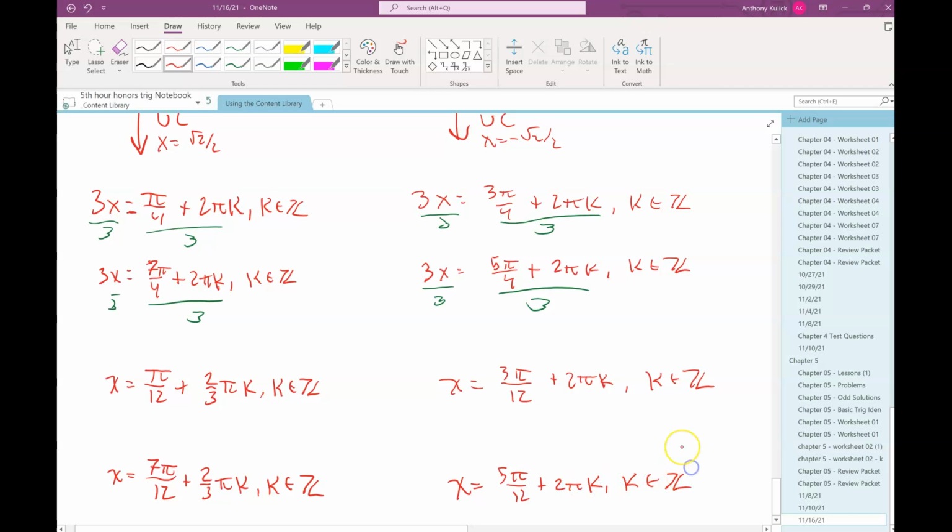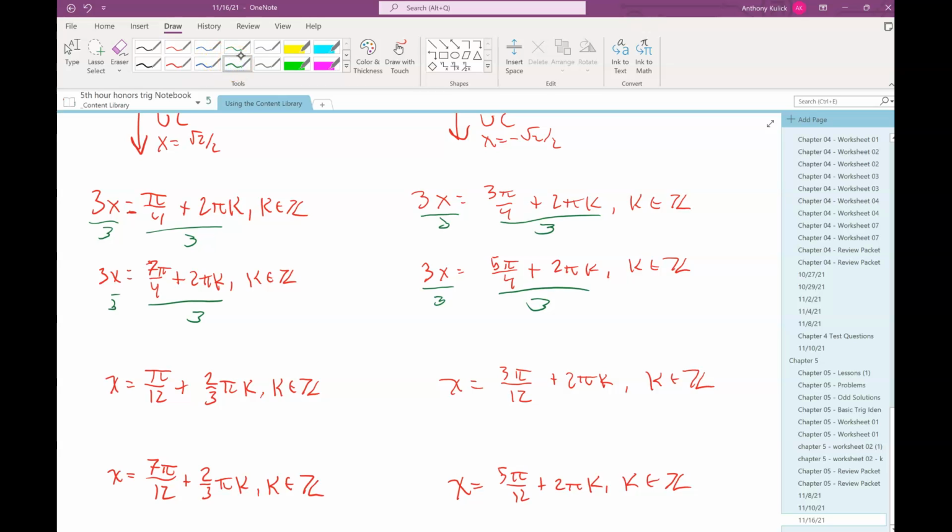That way I don't have to mess with a bunch of different common denominators. I just would prefer to have the same common denominator everywhere, so I don't have to make the fraction arithmetic harder than it needs to be. But I recognize that yes, 3 pi over 12 you could reduce. If you wanted to do that now, that's okay. I'm going to choose to do all the reducing at the very, very end.